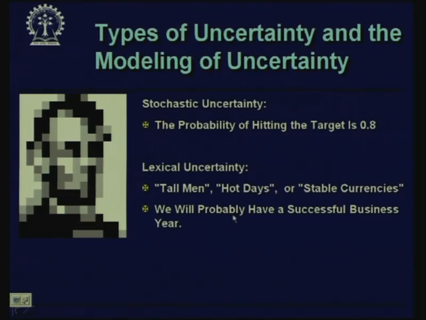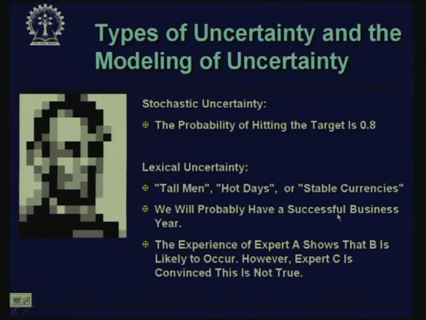Now, here the term that we have used, probably, is again not very stochastic in nature. It is just our guess, our feeling that we will have a successful business year. Now, what do you mean by successful? When would you say that your business has been successful this year? This word itself is very imprecise in nature.